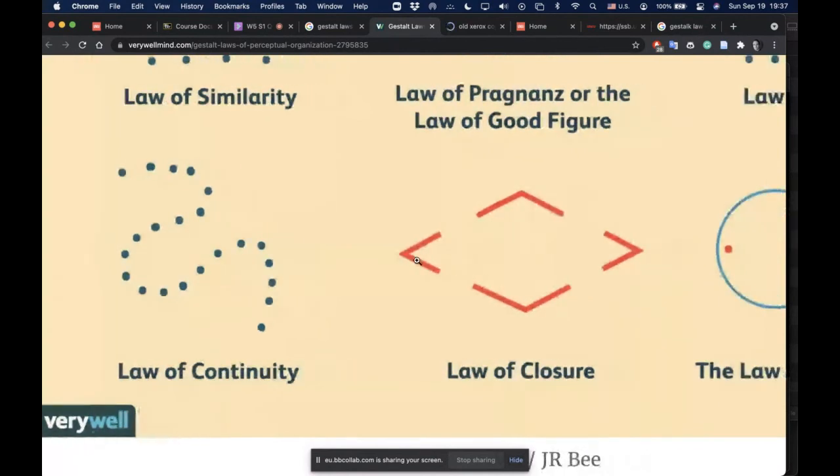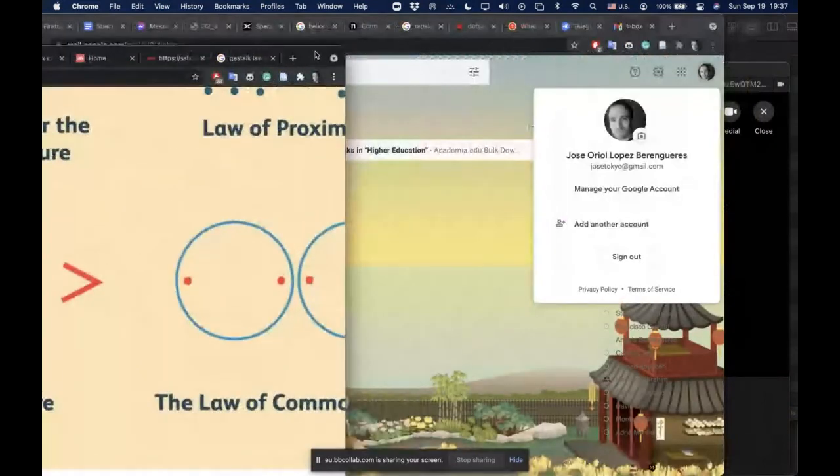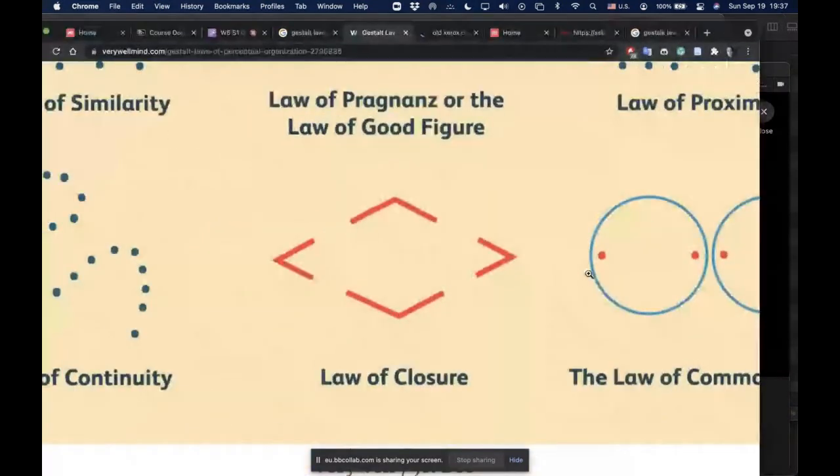And there's another one called the law of closure, where people will automatically make an object out of this, when in reality you can also say that these are just four segments that happen to be aligned at the edges. So people here see a square with empty holes instead of four segments.